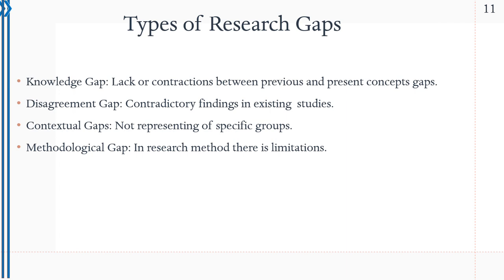Next is about the disagreement gap. As the name suggests, the disagreement gap emerges when there are contrasting or contradictory findings in existing research regarding specific research questions. The hypothetical example we can take, the disagreement regarding the cause of disease, reflects a disagreement gap.